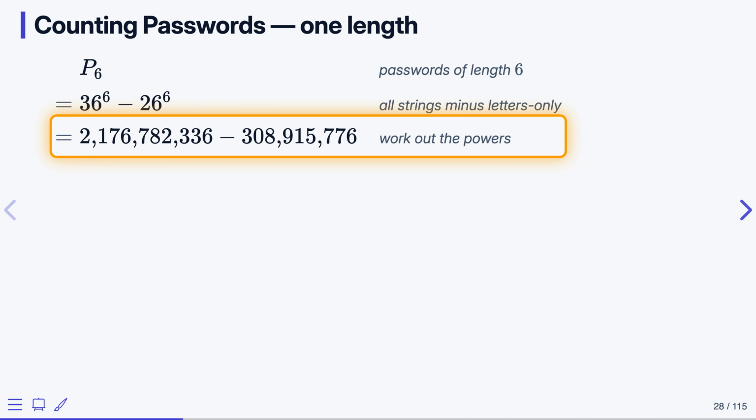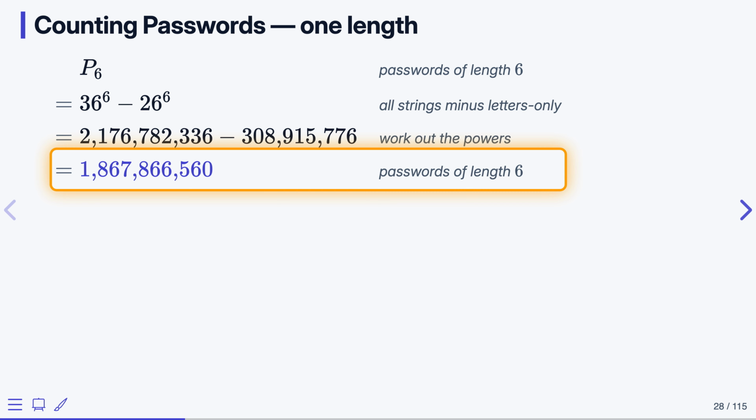Line 3. 36^6 is 2,176,782,336. 26^6 is 308,915,776. Line 4. Subtract. There are 1,867,866,560 passwords of length 6.